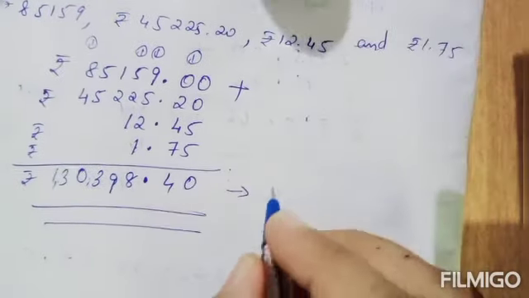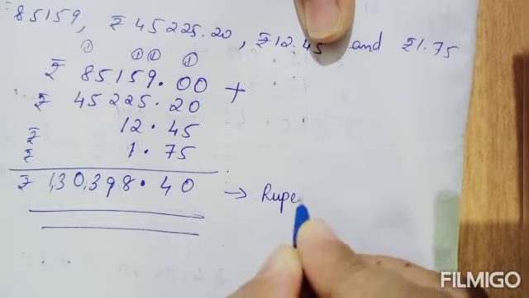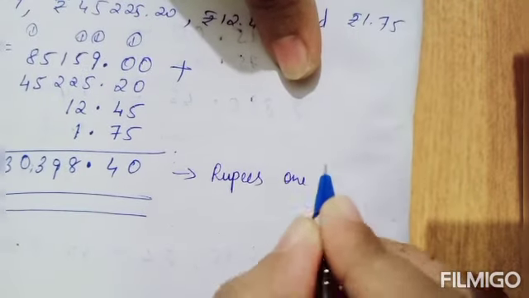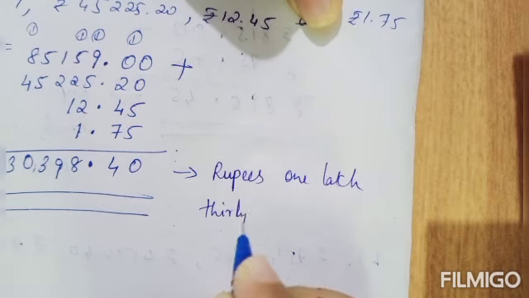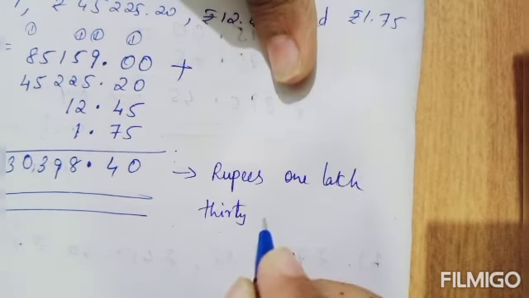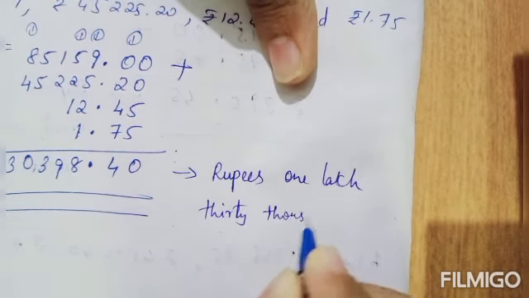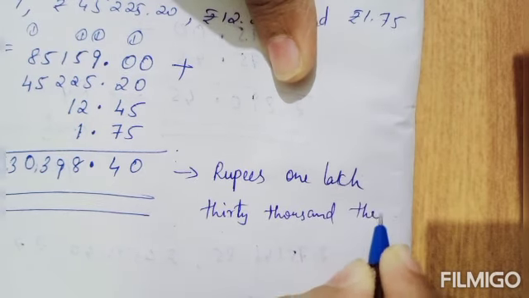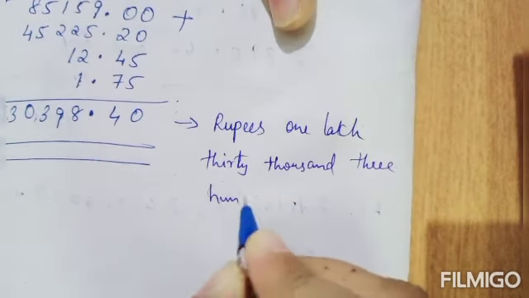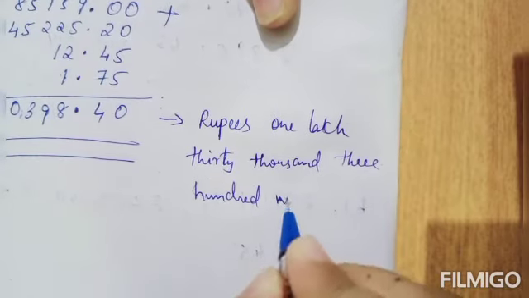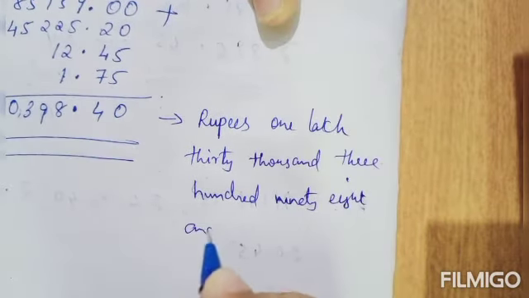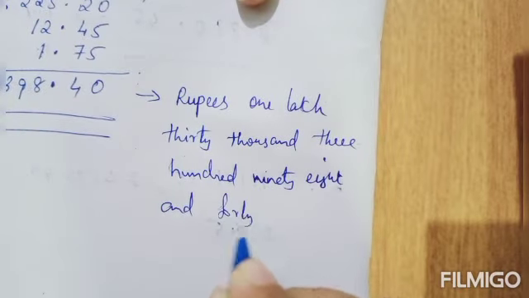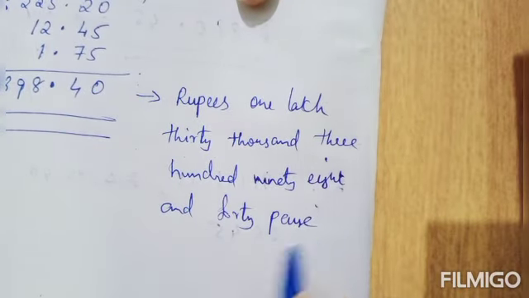So the answer you can write rupees 1,30,398 and 40 paise. Okay, so this is the answer.